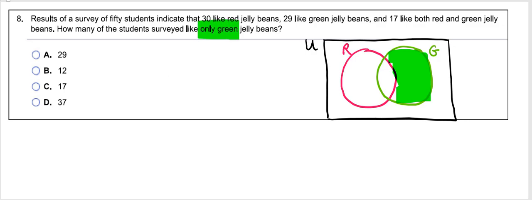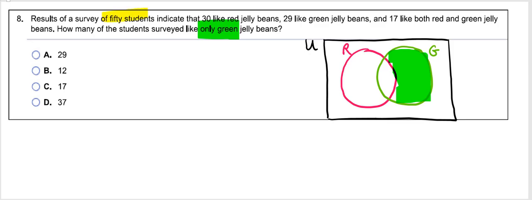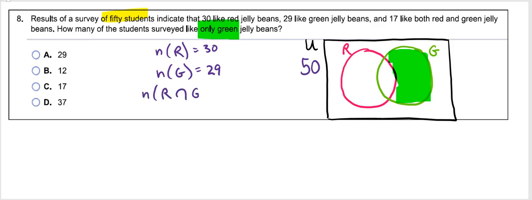Okay, so what information do we have? 50 students were surveyed. So out, let me do another color, purple. Out here will be 50. 30 like red, 29 like green, and 17 like both red and green.